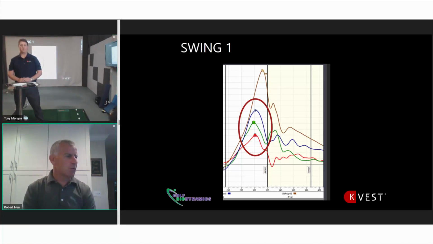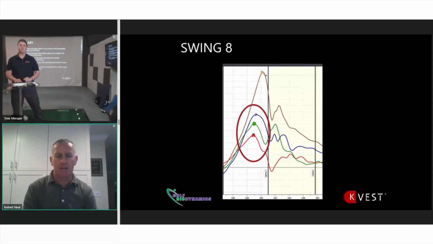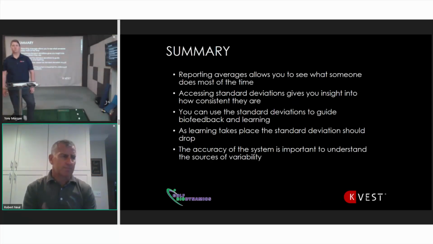That's great, Tony. I think we probably need to go to that summary slide now, and we'll go through the key things that we think you need to take away from today's webinar. Firstly, when you have access to averages, that gives you a good insight into what the person does from shot to shot, or most of the time. But accessing the standard deviations, or their measure of consistency, is crucial as well to decide what their motor skill level is like.